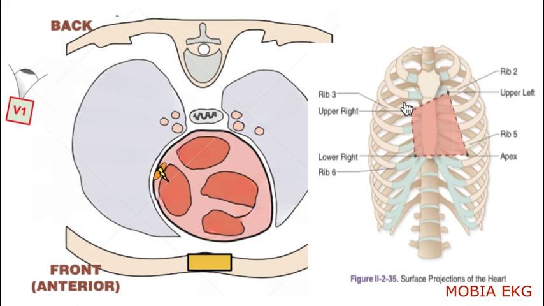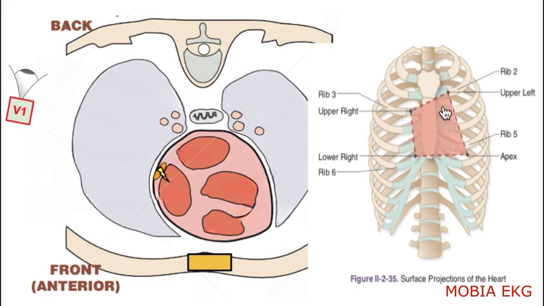Under the second intercostal space, we can find the third rib, and under the third rib, the third intercostal space, then the fourth rib, and the fourth intercostal space. And here is exactly where we have to put lead V1, but which part of this space can we put it in?